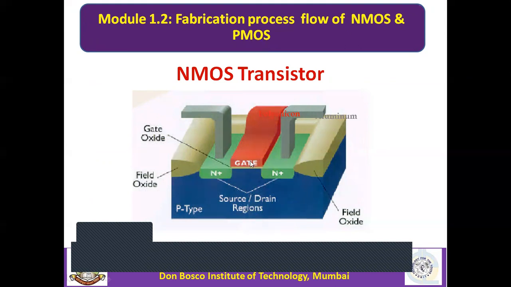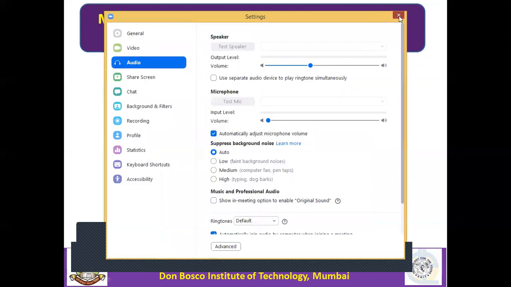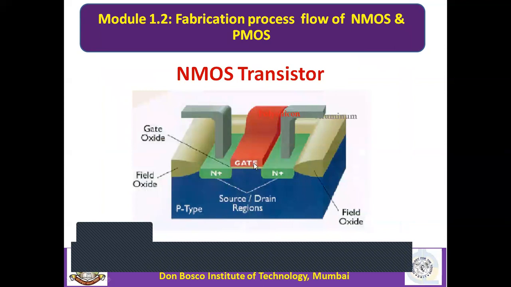Then there is a gate. This is called a polysilicon gate, which is like the metal itself. Then there are source and drain contacts. And this field oxide is thick, and it is used to isolate two devices from each other.